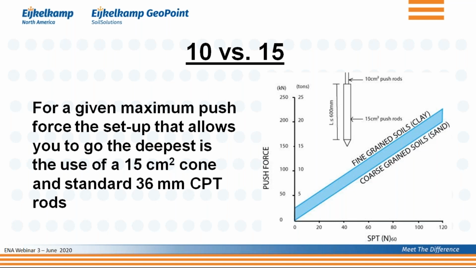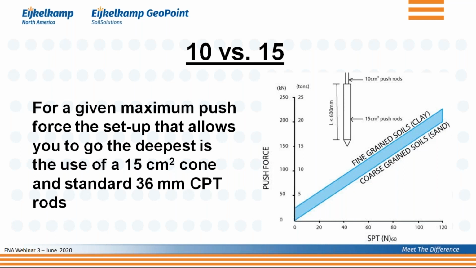And if you are concerned that you may not be able to reach the depth that you're targeting, then what we found is that if you use standard CPT rods, which have a diameter of 1.44 inches, 10 square centimeters cross-sectional area, and you use a larger size cone, a 15 square centimeter cone, that gets you the deepest.